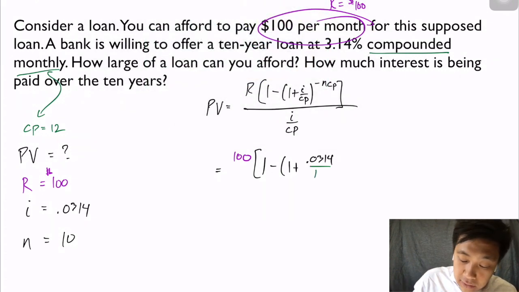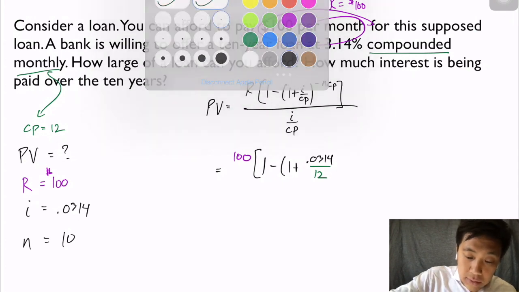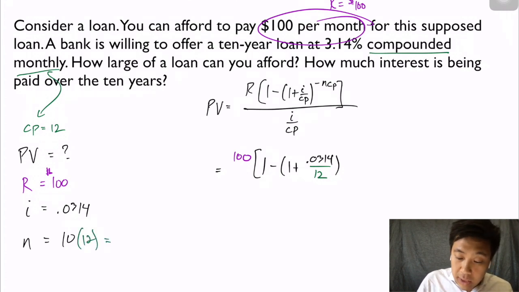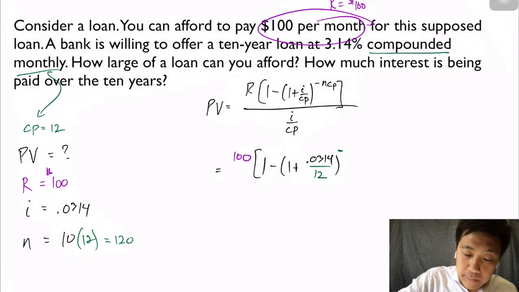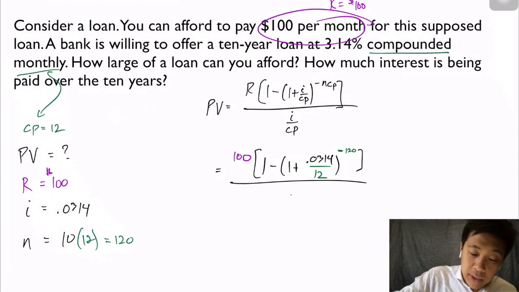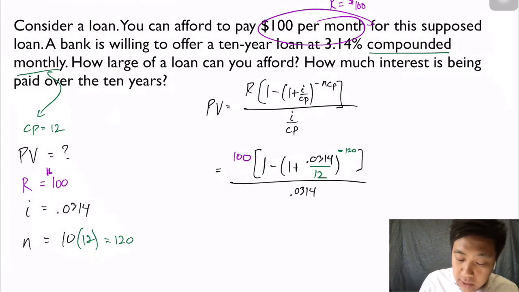And if you are able to do this calculation in advance for the time, you know that that's going to be 120. Well, here in the formula, it's going to have to be a negative. Remember that negative sign up there? Negative 120. And we'll touch base on how to calculate that. 0.0314, and then divided by 12 as well.